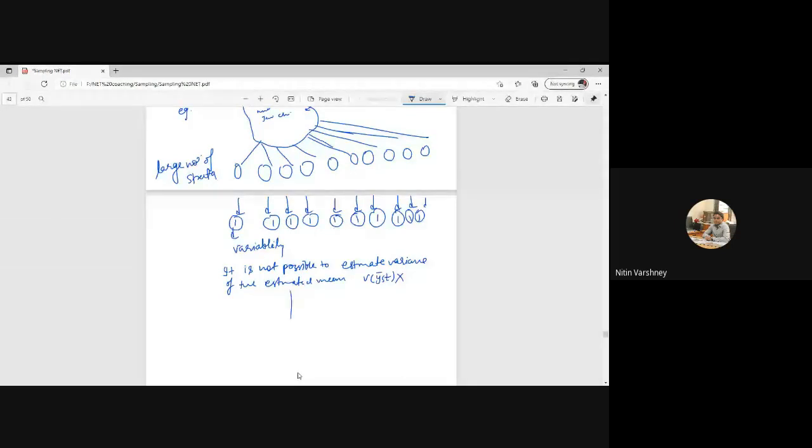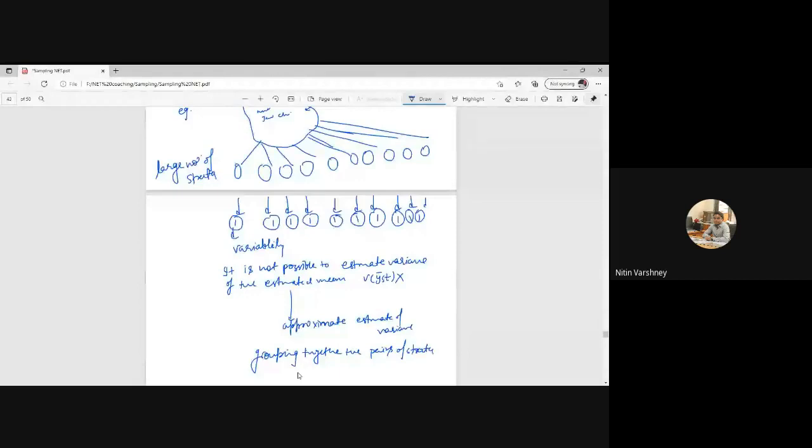So for this, what we will do, we will find the approximate estimate of variance by grouping together the pairs of strata.